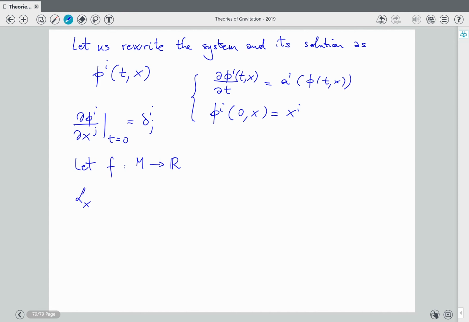The Lie derivative L_X of f is the limit for t tending to 0 of the incremental ratio of the function f along the curve. So basically you take f, you compute it in phi_t(x), and you subtract f of x.